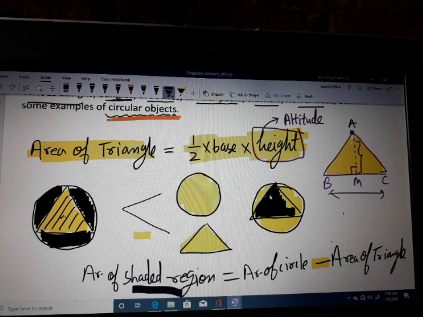You will get the remaining part of the circle, that is the yellow colored part here. Easily you can find these shaded regions by using these steps. I hope you understand. Next, let's start the lecture.